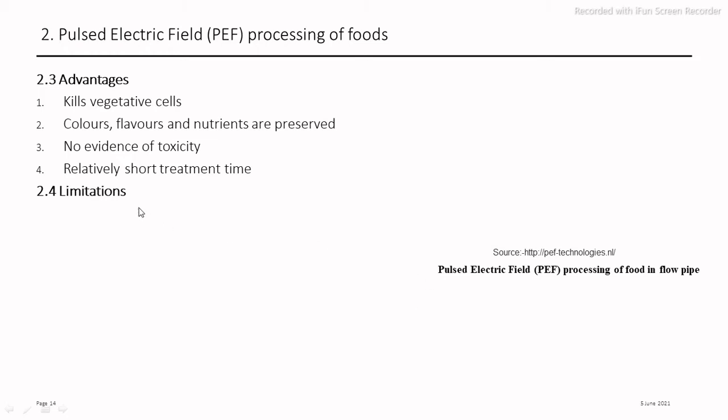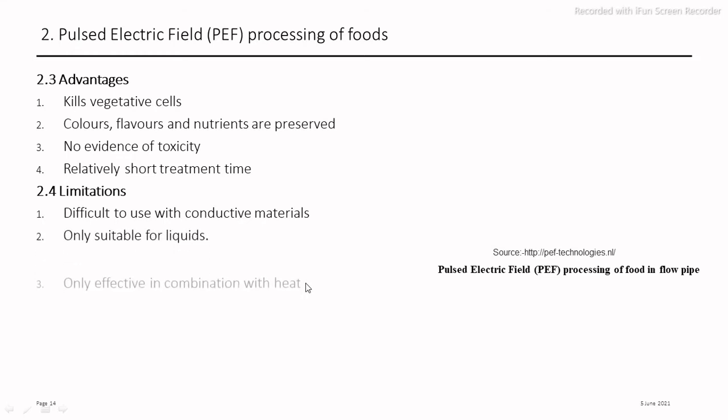During the processing, there is no addition of chemical preservatives and no evidence of any toxicity. The processing time is very short and very effective. In this preservation technique, we can easily inactivate pathogenic microbes.